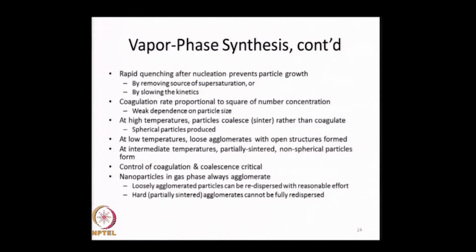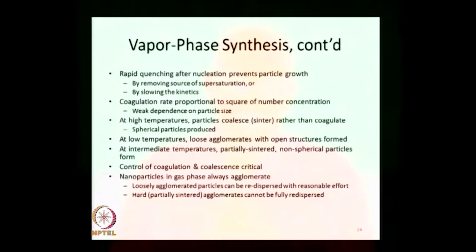Now, nanoparticles in the gas phase always have a tendency to agglomerate, as we have discussed extensively in previous lectures. Loosely agglomerated particles can be redispersed with some effort, but when agglomerates are sintered or partially sintered, it becomes very difficult to redisperse them.